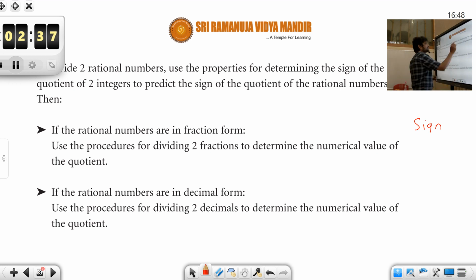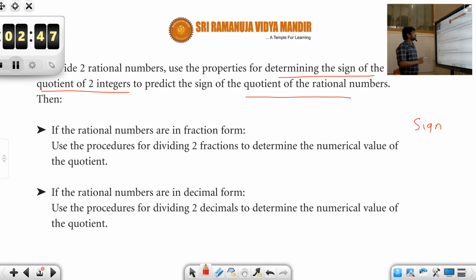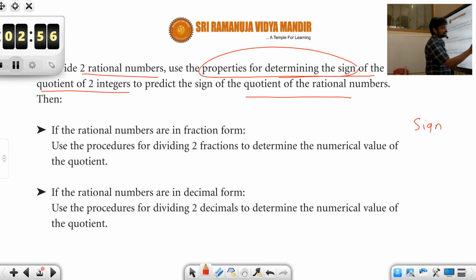To predict the sign of the quotient of rational numbers, when dividing 2 rational numbers, use the properties for determining the sign. What are the properties of the sign? Suppose you are dividing 2 numbers.